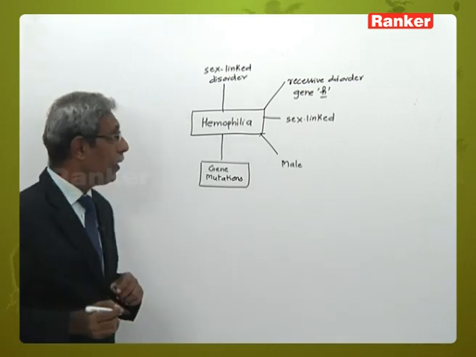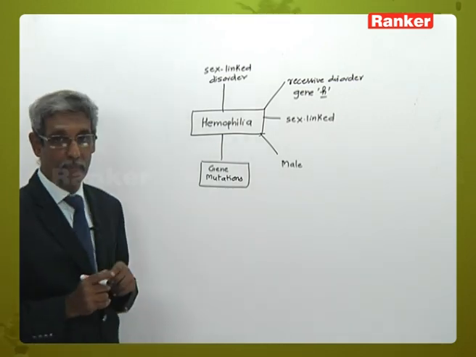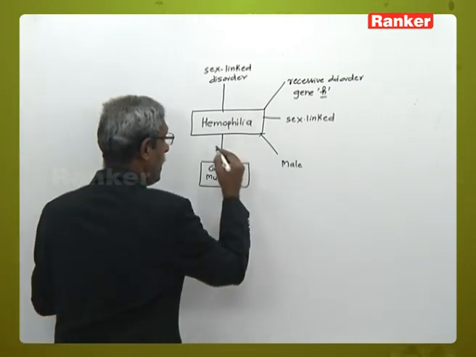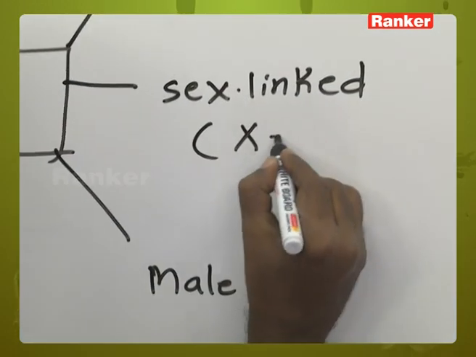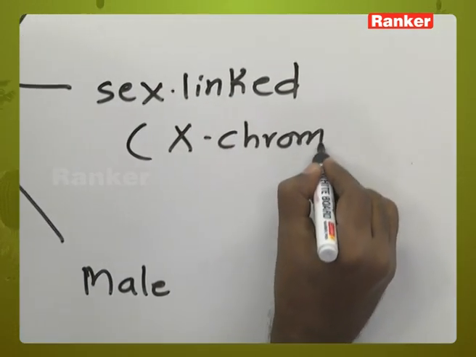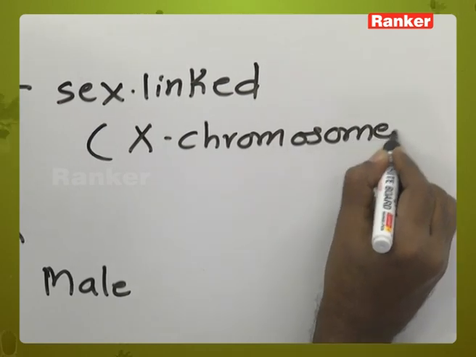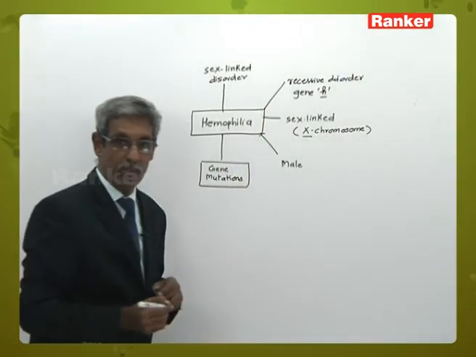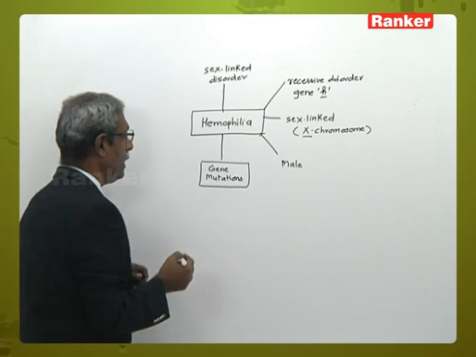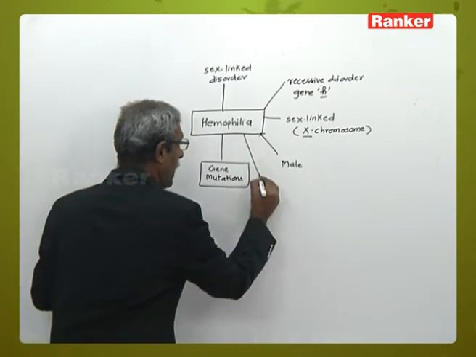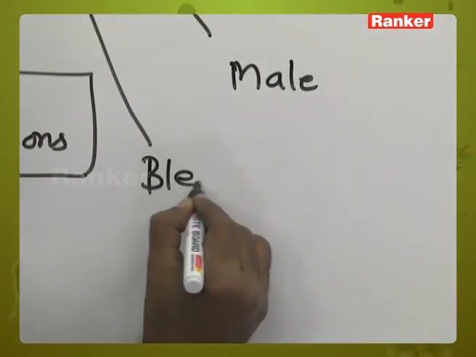The gene small h is responsible for hemophilia, and it is sex-linked because it is carried on the X chromosome. Hemophilia is popularly termed the bleeder's disease.